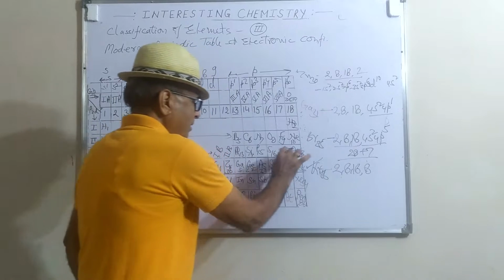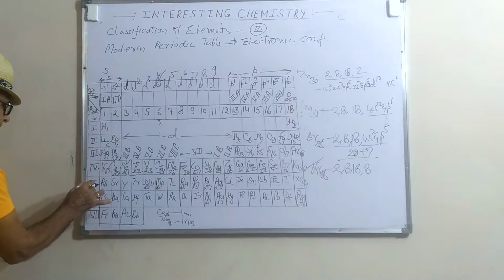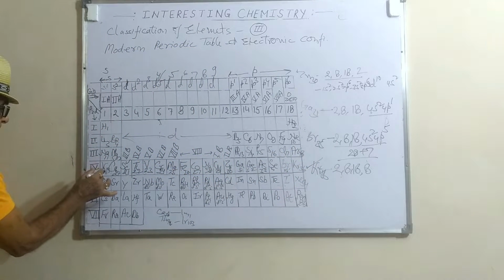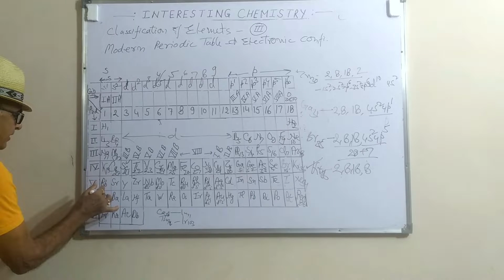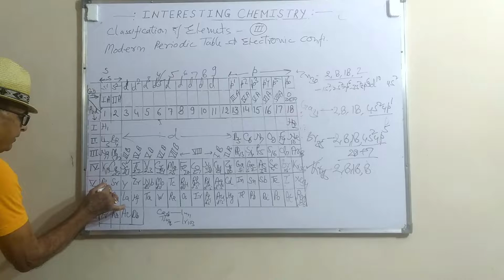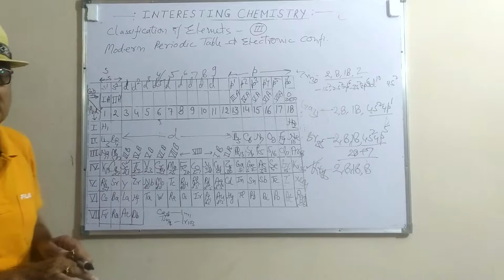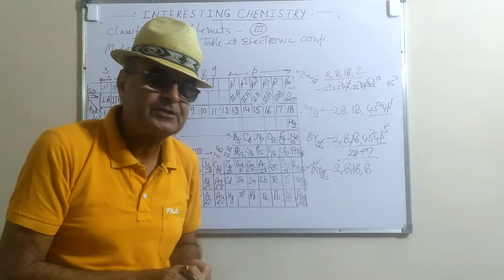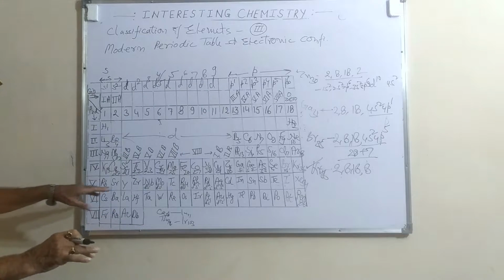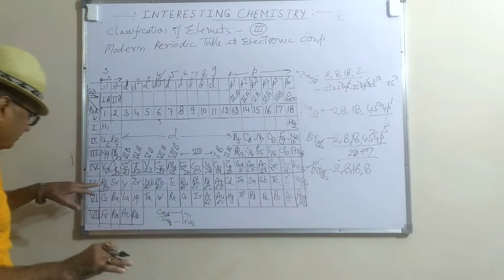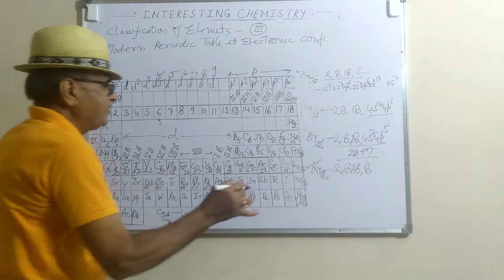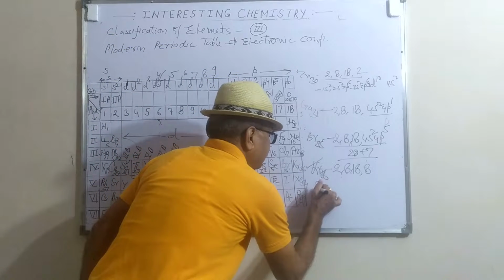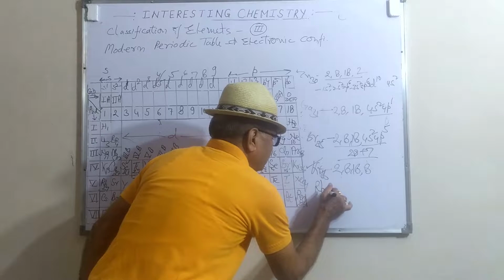Now come to 37. It is 19 plus 18, then it is rubidium. The atomic number of rubidium will be 37. From 36 to 37, rubidium, this is also a way to write the electronic configuration.